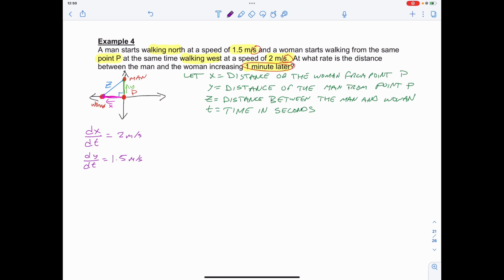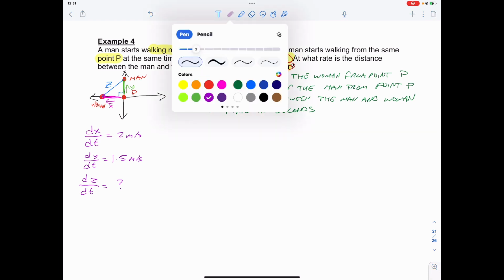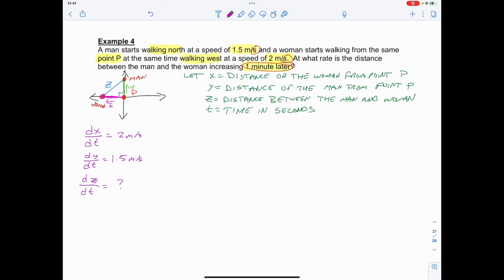And I know that I'm trying to find the change in the distance between them, or that dz over dt. But the question also told me that t is equal to 1 minute, which in this case is 60 seconds.